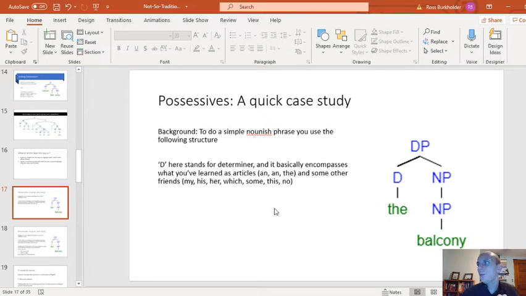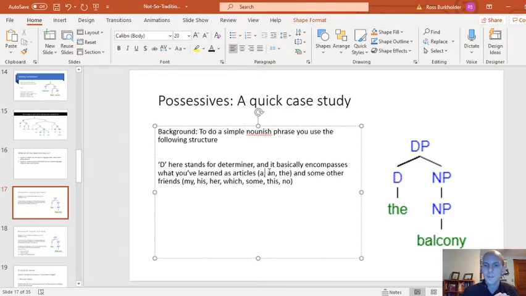Determiners include what are traditionally called articles, a, an, and the, and some other accompaniment as well, things like my, his, her, which, some, this, and no. These are all determiners. They're things that go in front of nouns. The balcony, my balcony, his balcony, her balcony, which balcony, this balcony, etc. They're those kinds of things.